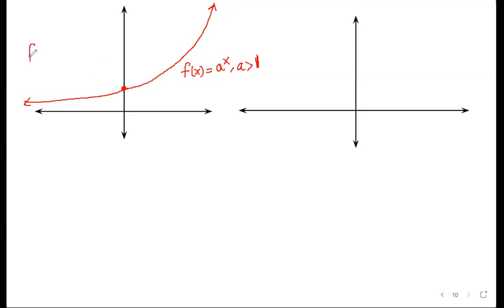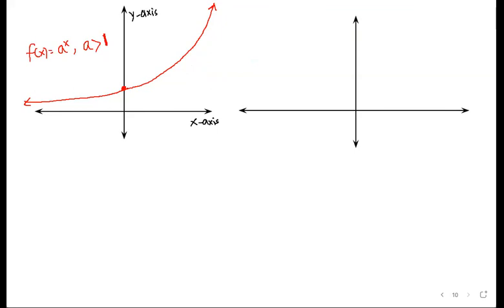So we can set f of x equals a to the x such that a is greater than 1, like 2, 3, 4, 5, 6, whatever. The graph will always be something like this. This is the x-axis and this is the y-axis.